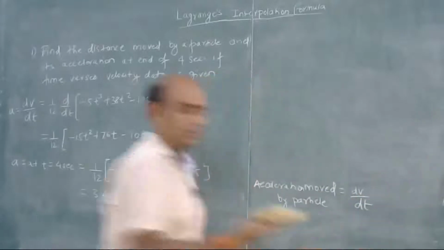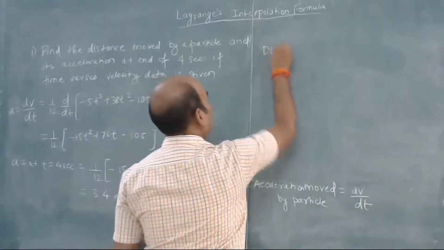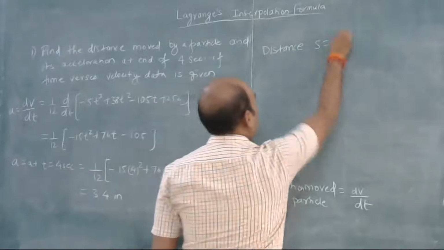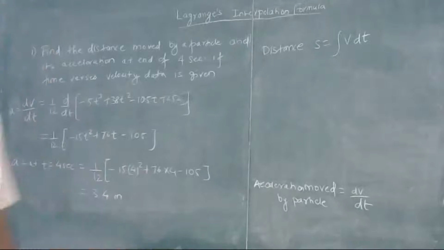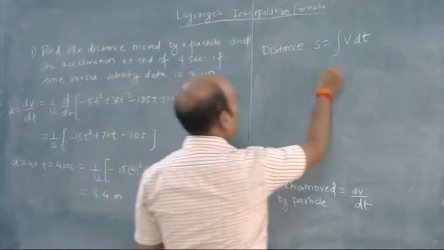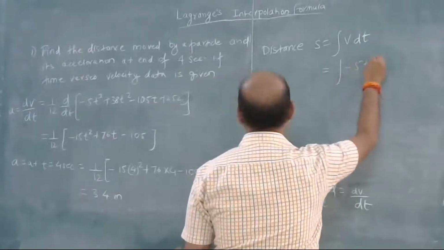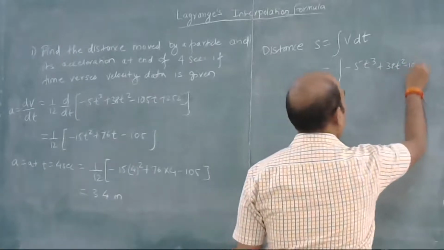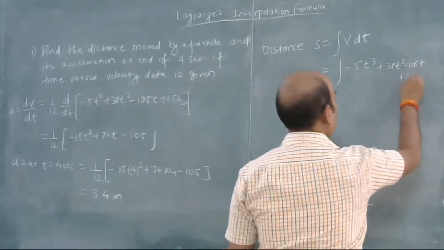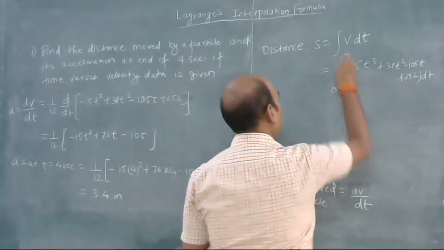Next, distance traveled. So this will be integration. So distance S will be equal to integration of v dt. Substitute here the value of v. So this is integration of minus 5t cube plus 38t square minus 105t plus 252 into dt, from 0 to 4.